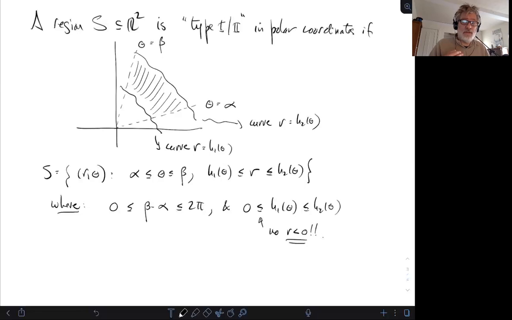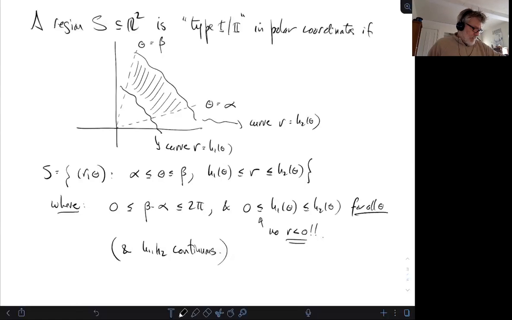You don't want to have to deal with negative values of r. And these functions should be continuous. That's the same requirement as we had in the rectangular case. So r greater or equal to 0, and you don't want to repeat angles.